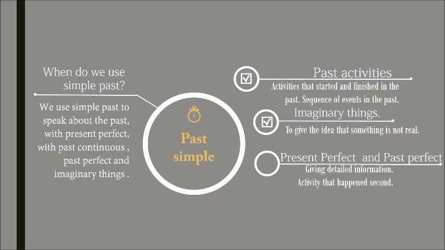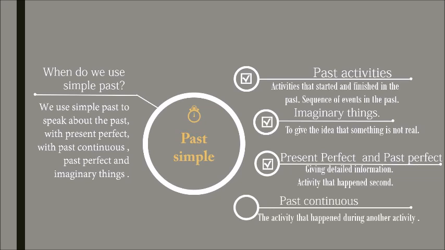We use simple past with present perfect when I want to give detailed information, and with past perfect for activities that happened second. And we use simple past with past continuous, the activity that happened during another activity. All these tenses we will explain in other videos. Today, we will speak just about their relation with simple past. So let's get them one by one.